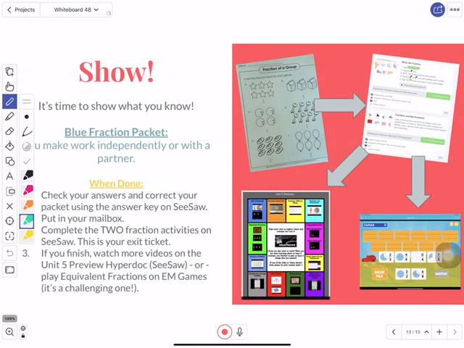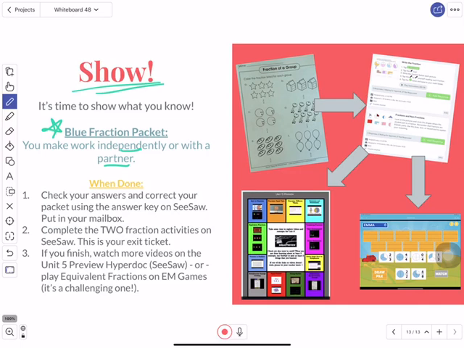All right, once you are done, it's time to show what you know. You are going to go and pick up the blue fraction packet. You may work independently or with a partner. You can choose a good fit spot, but remember the adult has the ability to move you at any point if you are not focused on your learning.